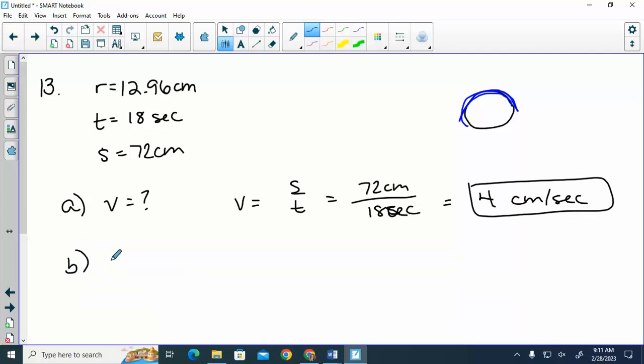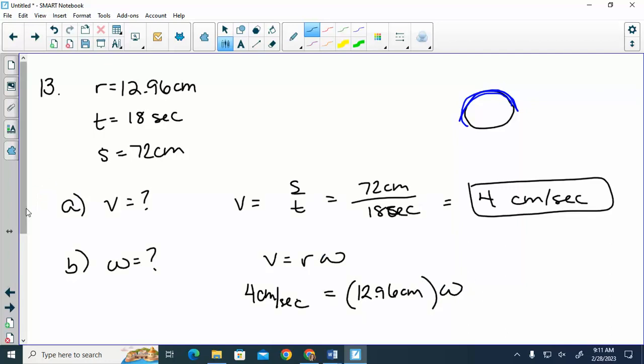B, we want angular speed, which is omega. So we could do omega equals theta over t, but I would have to find my theta, and we could. Or we could do V equals R omega, and we already have both of those, so I'll use that. So my V is 4 centimeters per second equals R times omega.